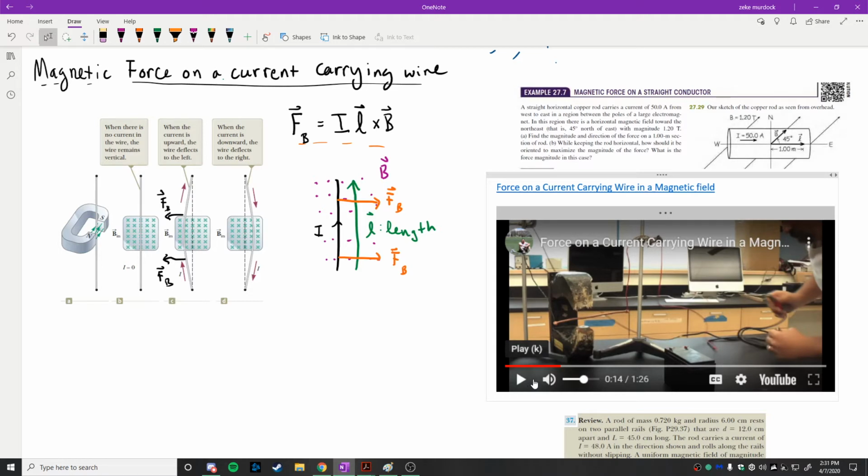Why would that not work? You guys have any idea why that wouldn't work? Yeah.